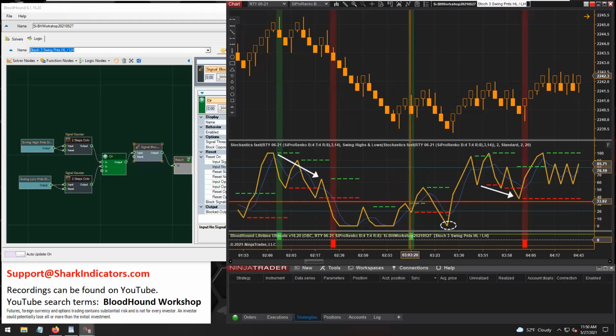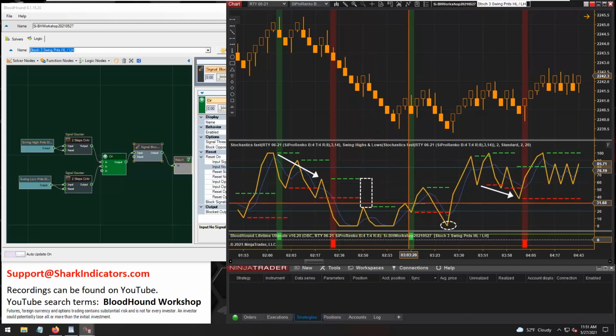This long signal is incorrect; it's coming from the high points stepping up here. Again, we had a couple of bars here where there was no swing high plot.